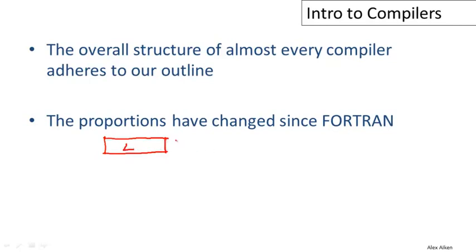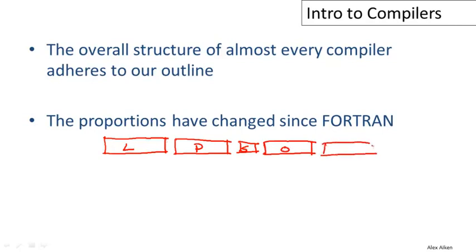We'd have a fairly complex lexical analysis phase, an equally complicated parsing phase, a very small semantic analysis phase, a fairly involved optimization phase, and another fairly involved code generation phase. And so we'd see a compiler where the complexity was spread fairly evenly throughout, except for semantic analysis, which was very weak in the early days.